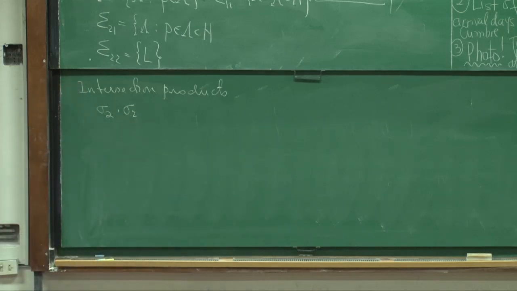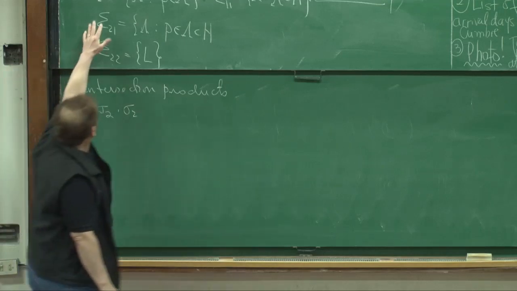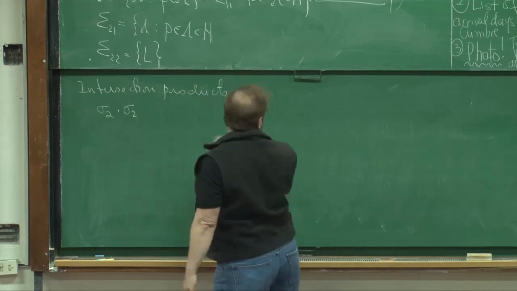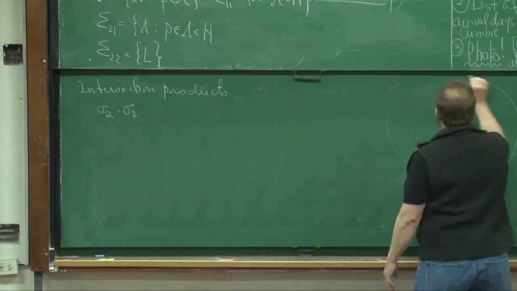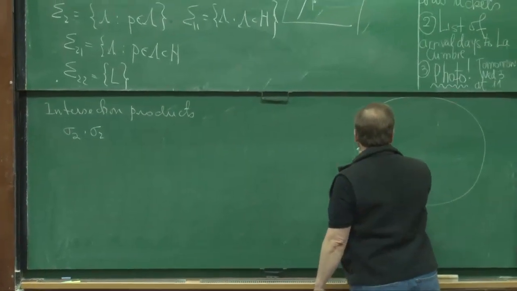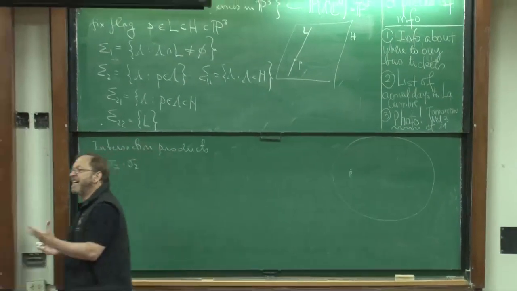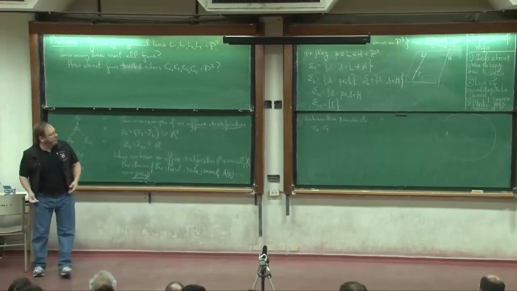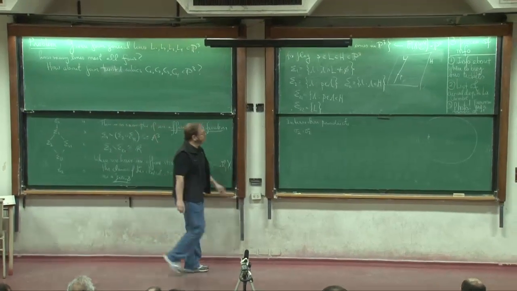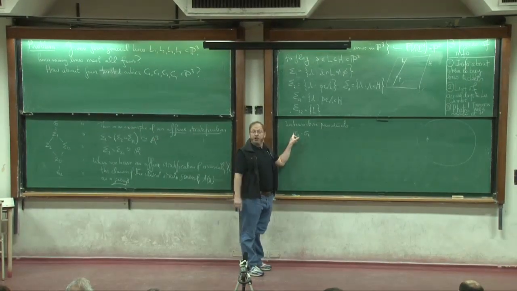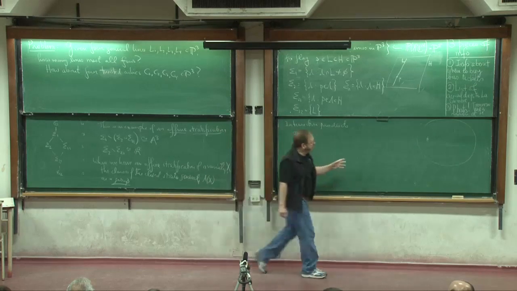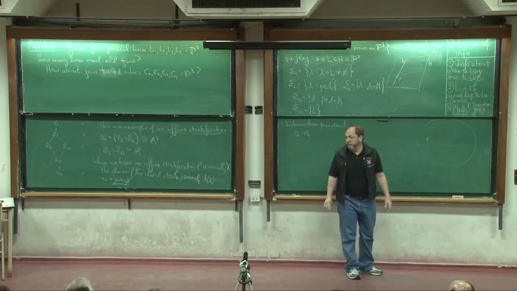So what is that? Well, sigma 2 is the set of lines passing through a given point. And I want to intersect it with itself. Well, what that means, in our view of the world, is that we need to find another cycle which is rationally equivalent to the original cycle, capital sigma 2, but which intersects it transversely.